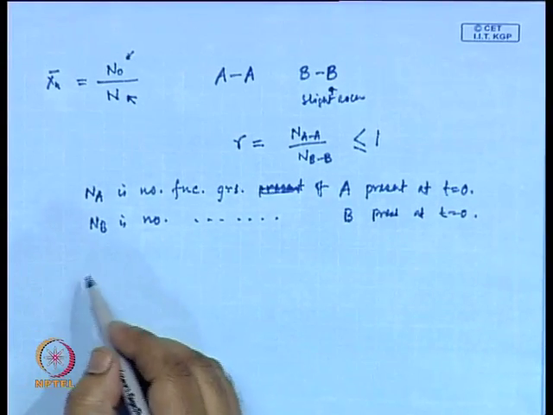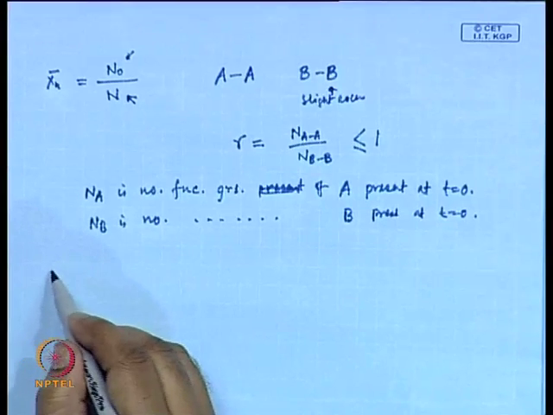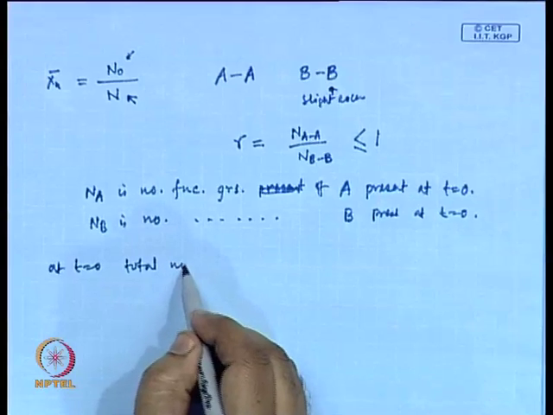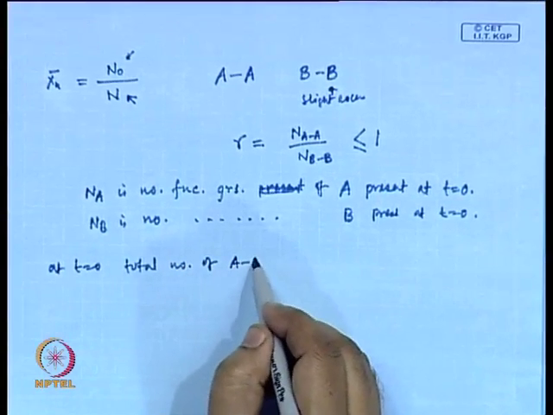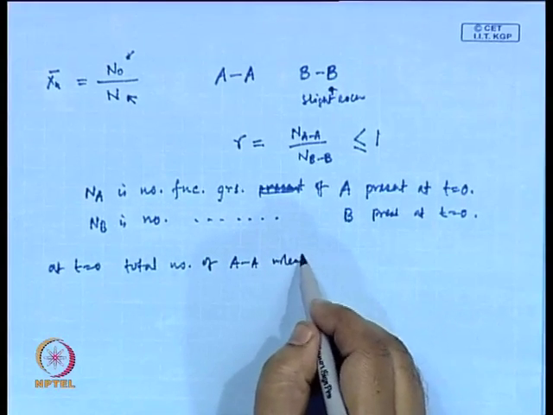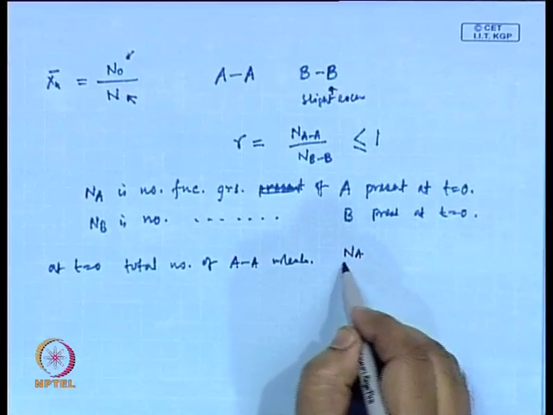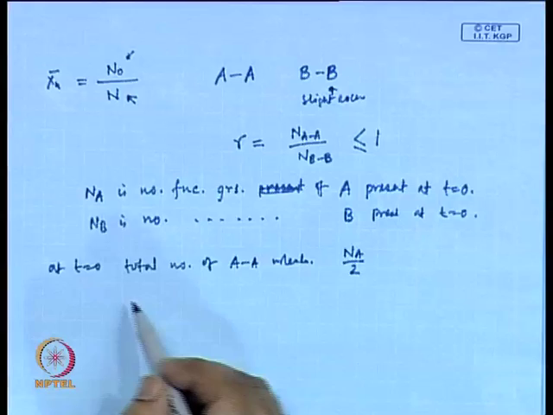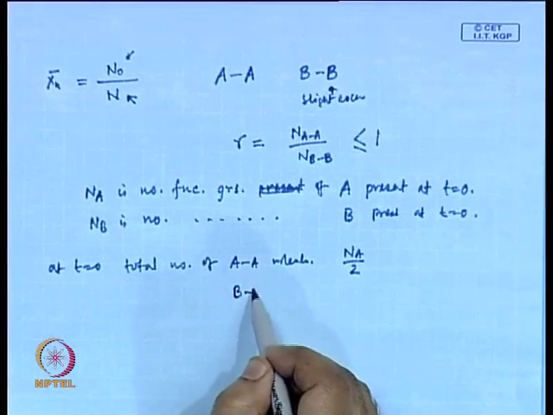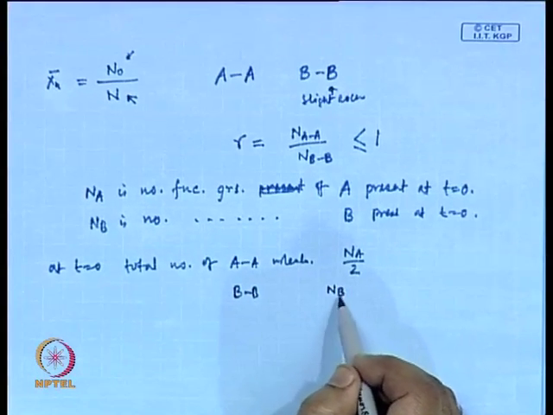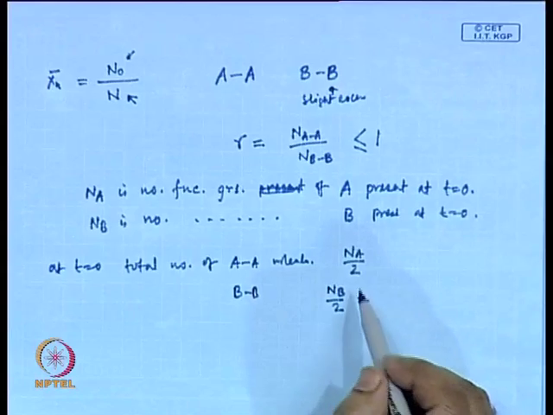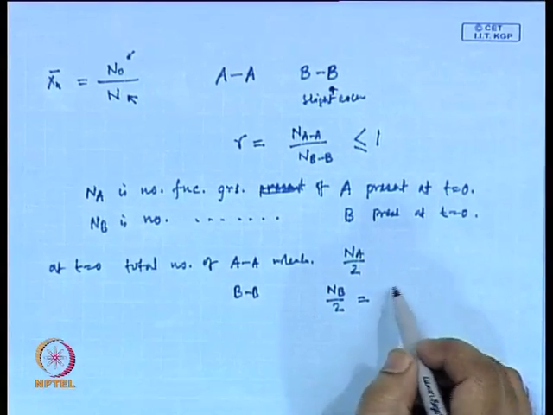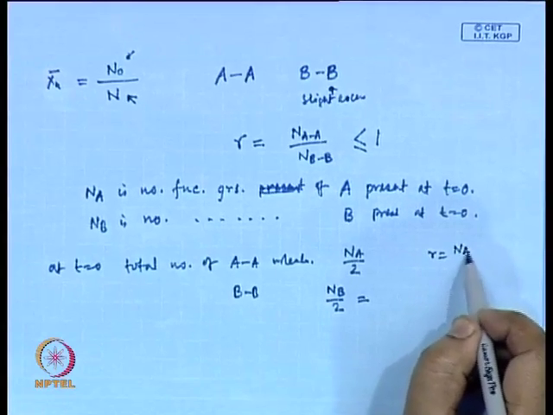So, what is the total number of A molecules at t equal to 0? The total number of AA molecules is Na by 2, because each molecule has 2 functional groups, and the total number of BB molecules is given by Nb by 2. Now, R is Na by Nb.